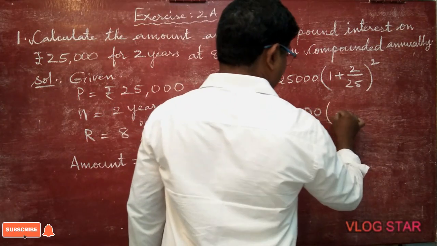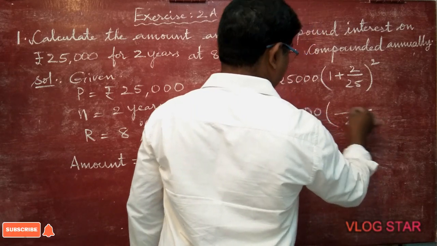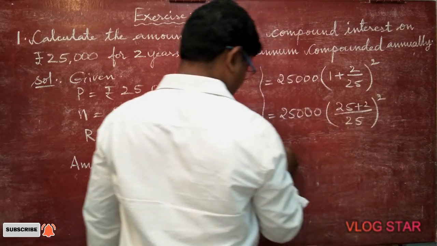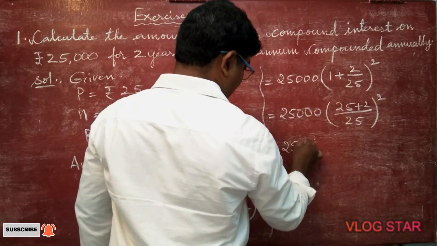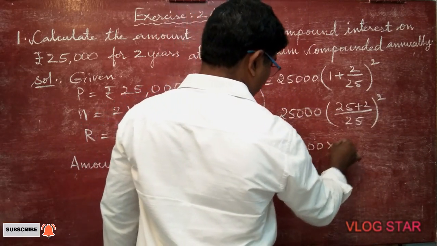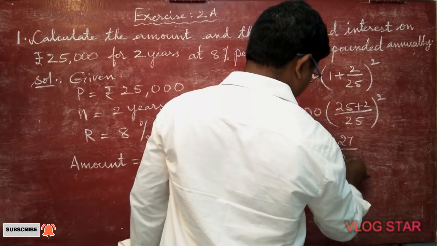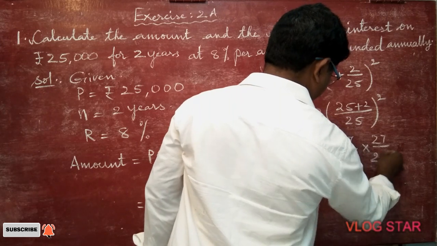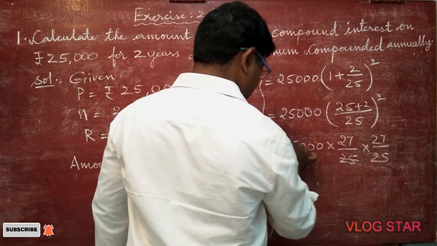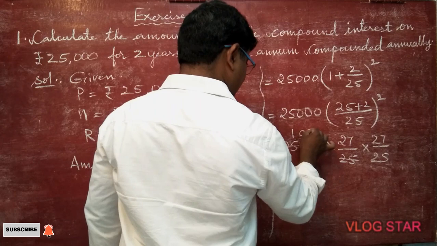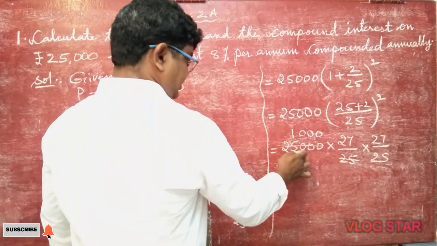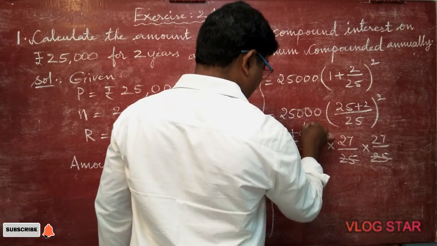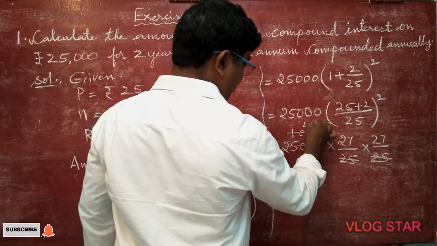That is equal to 25,000 into, LCM is 25 here, (25 plus 2) whole square, 25,000 into 27 by 25 into 27 by 25. 25 goes 1000 times. 25 fours are 100 and 1 more 0 is 40.